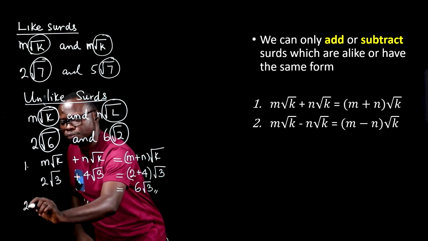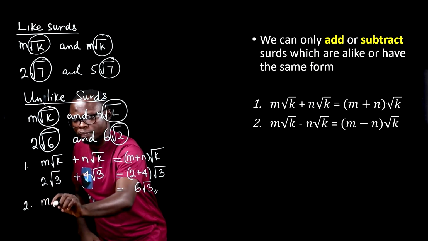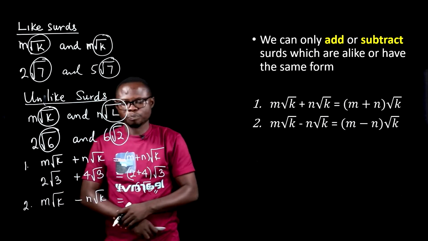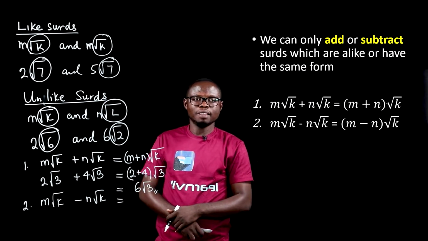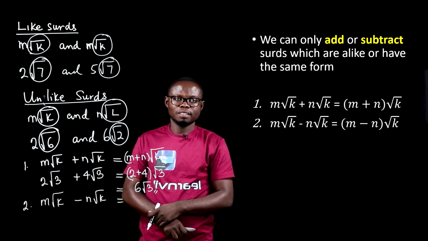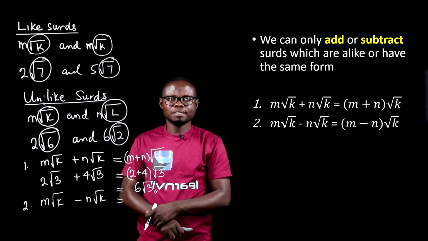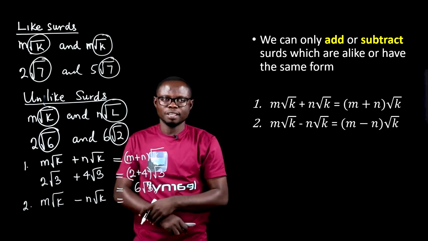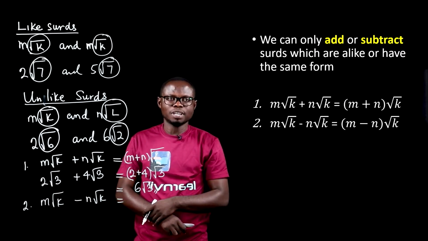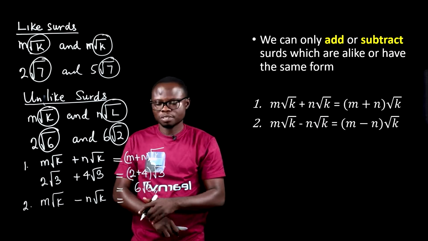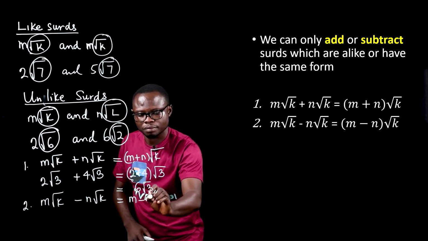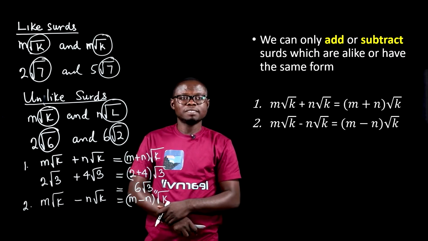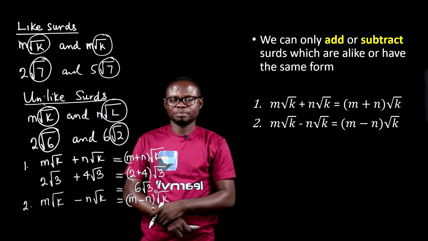2. m root k minus n root k. They are like surds because they all have root k and root k. Therefore, we can subtract them. And that becomes m minus n root k.